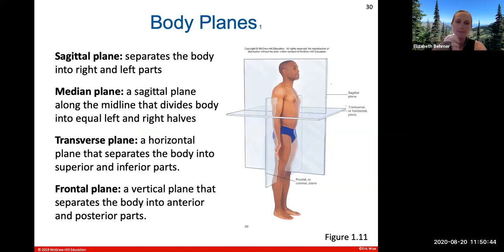Body planes. Sagittal and median plane are both listed here, which are kind of the same, but there are basically three body planes. Body planes are important. This is how we slice the body. You're probably thinking, why is this important to know? Well, when you get an MRI done, they look at different slices taken through the body of that imaging.